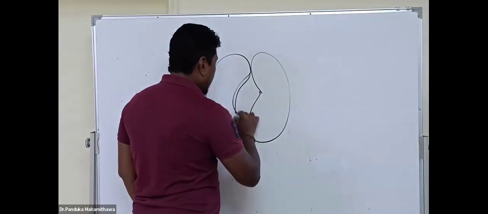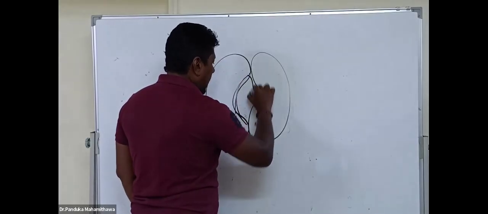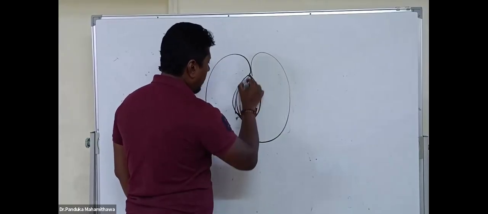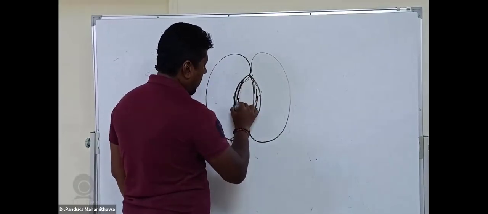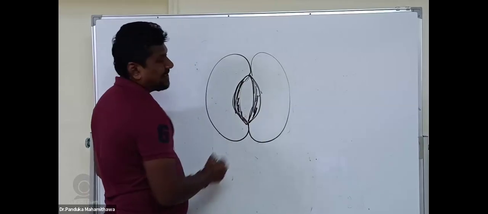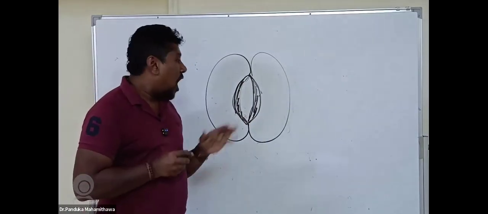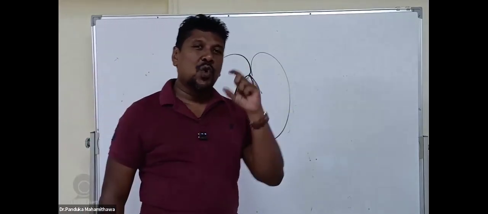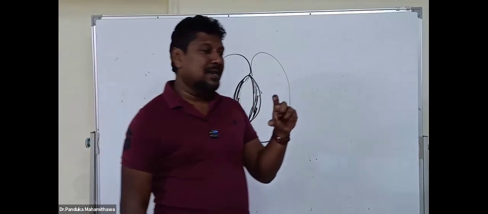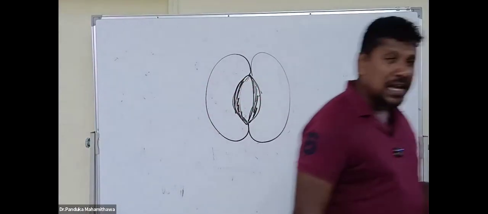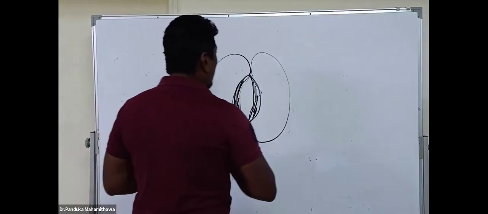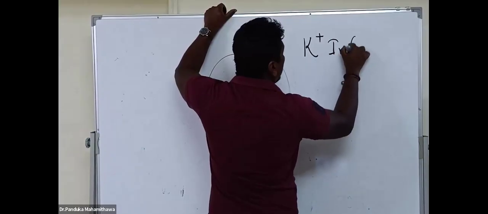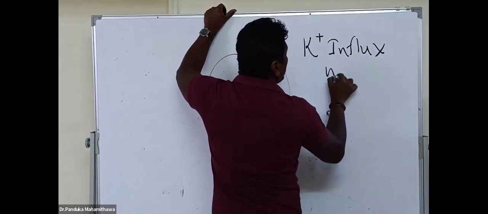And I told you that the inner wall is thickened and the outer wall is very thin. Now, how does it open and close? Very simple. You call this the potassium ion influx hypothesis.